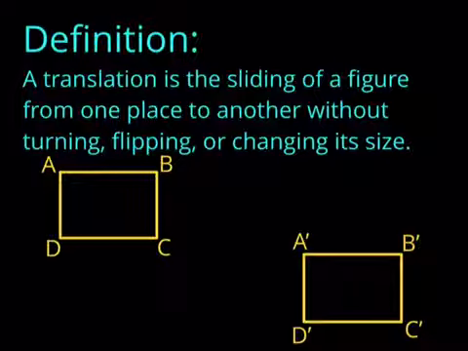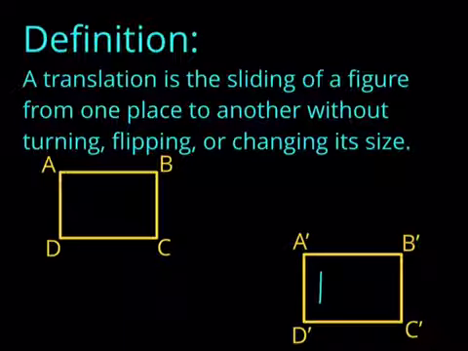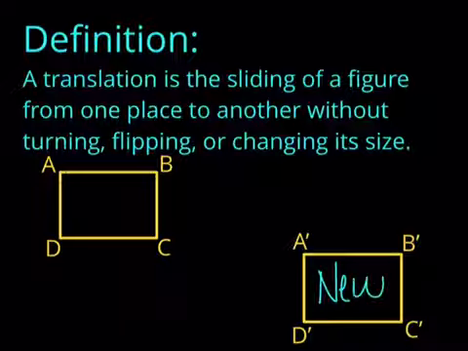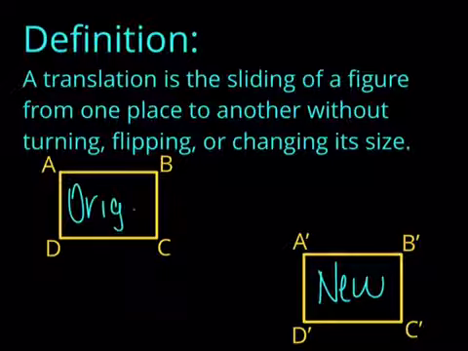And if you think about back to class, there is something that prime symbol tells me. Can you remember what it means? Good. The prime symbol is actually what tells us which one the new is. So those prime symbols tell me that this is my new shape. And this one with just the plain letters is my original one, okay?